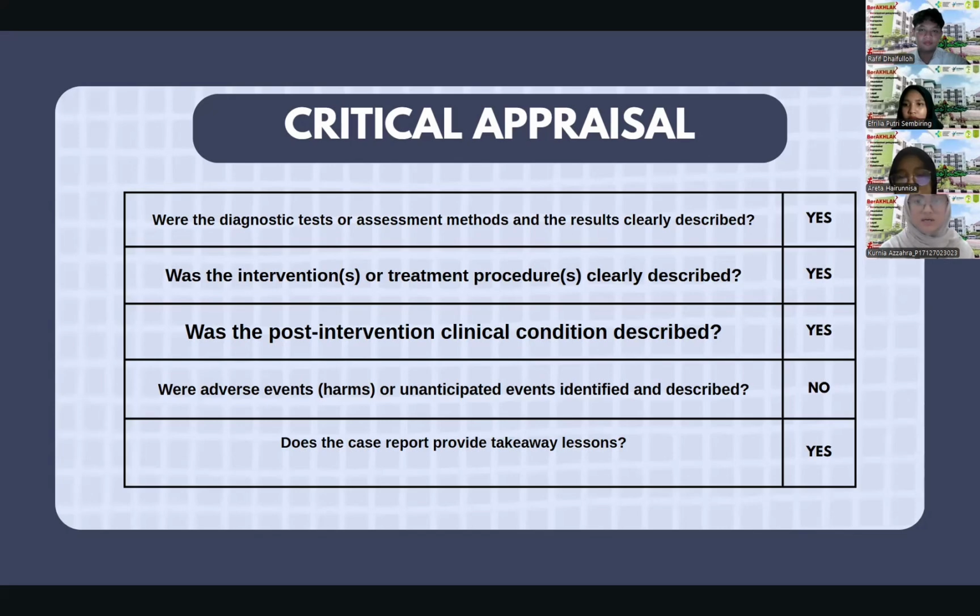And next, adverse events or harms or anticipated events were not identified and described, because there were no mentions of adverse events or possible complications. And last, the case report provides takeaway lessons, because the report explains why the articulated custom AFO was most effective and how gait analysis helped the decision. Based on the results, this is a well-conducted case report.